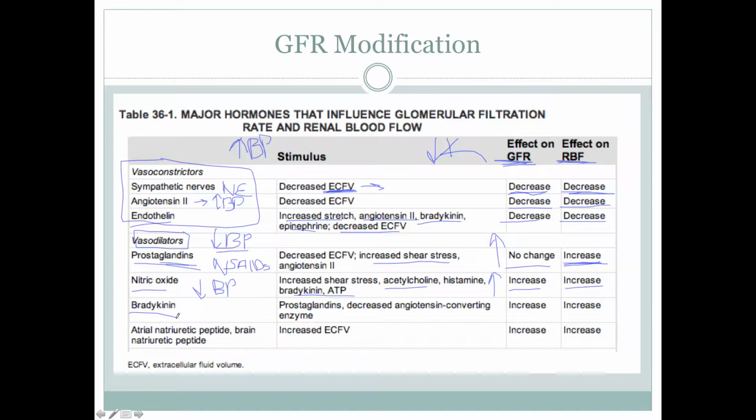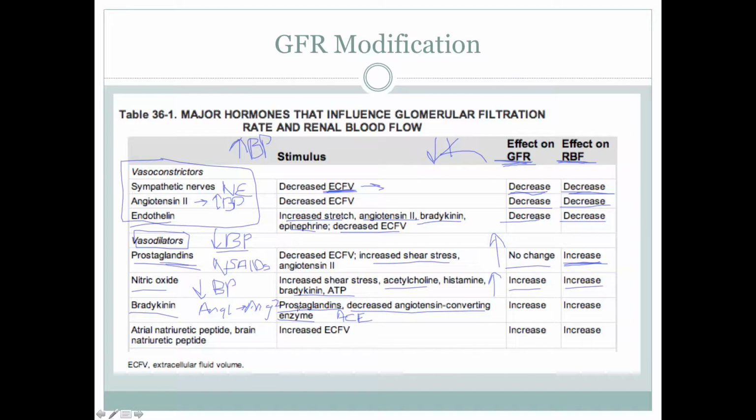Same thing with bradykinin, that's our pain response and chemical pain that is released anytime there is a breakdown product of damaged cells like prostaglandins, angiotensin converting enzyme, ACE, you've probably heard ACE inhibitors. ACE inhibitors block the conversion of Ang1 into angiotensin 2, which people take therapeutically when they have really high blood pressure.